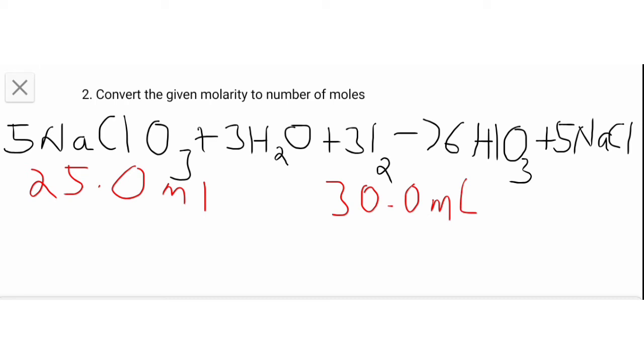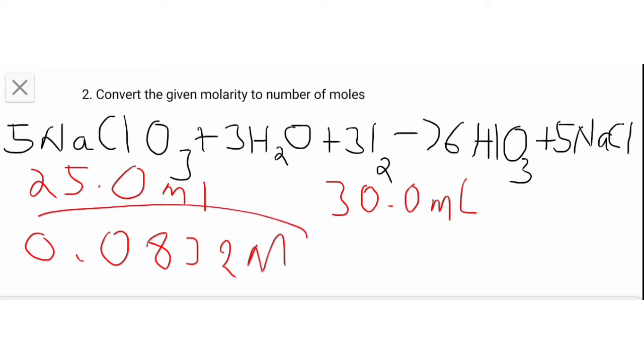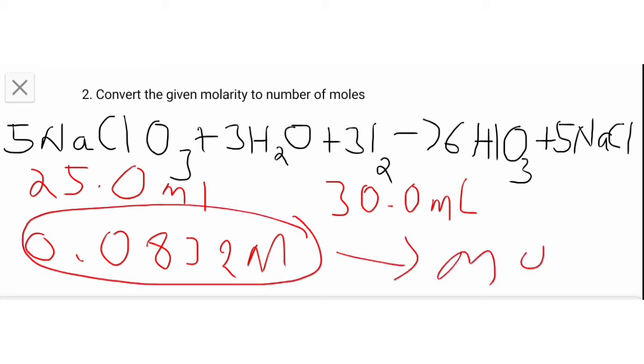Then we've also been given the molarity for sodium chlorate, which is 0.0832 molar. All right, so what we're going to do is convert this given molarity to moles. Let's do that.